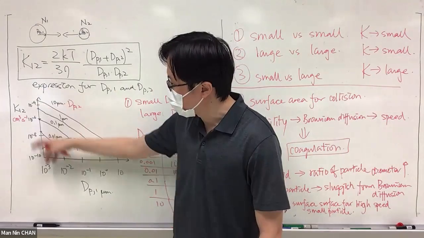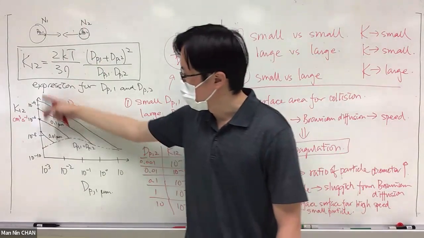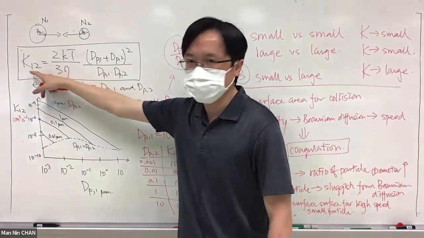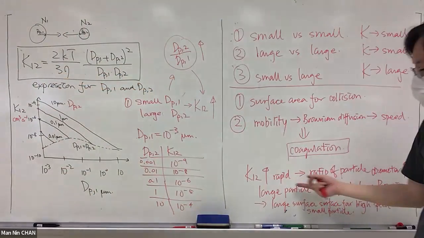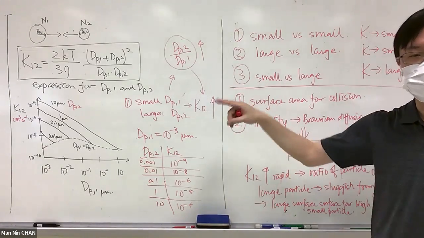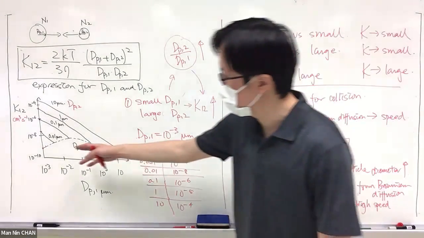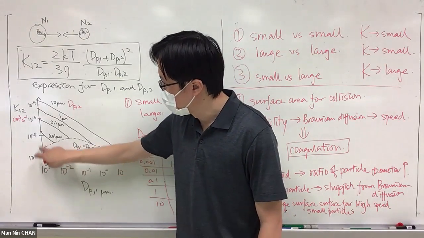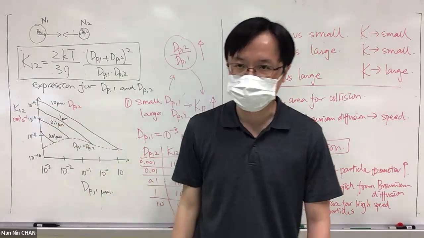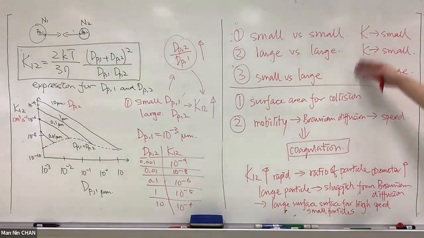But in between, if you have some large particles in your system and also some small particles, then you can have a larger coagulation coefficient. Even though the large particles don't move around, they provide the surface area for collision with the high speed small particles. Does it make sense? So if you have some small particles, but also some large particles, you can see the coagulation coefficient increases significantly.